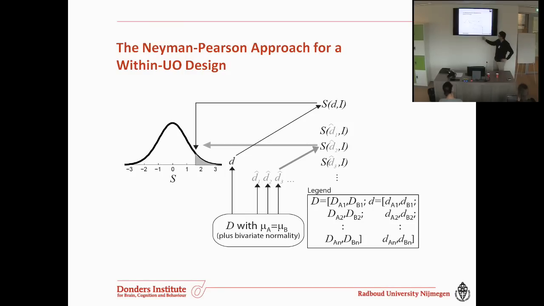And because the data come in pairs, you analyze them in a way that respects the fact that the data come in pairs. And that's also reflected in the auxiliary assumption that you make. Now you assume the so-called bivariate normality as your auxiliary assumption. And under that bivariate normality, your dependent sample t-statistic has a t-distribution with n-1 degrees of freedom.